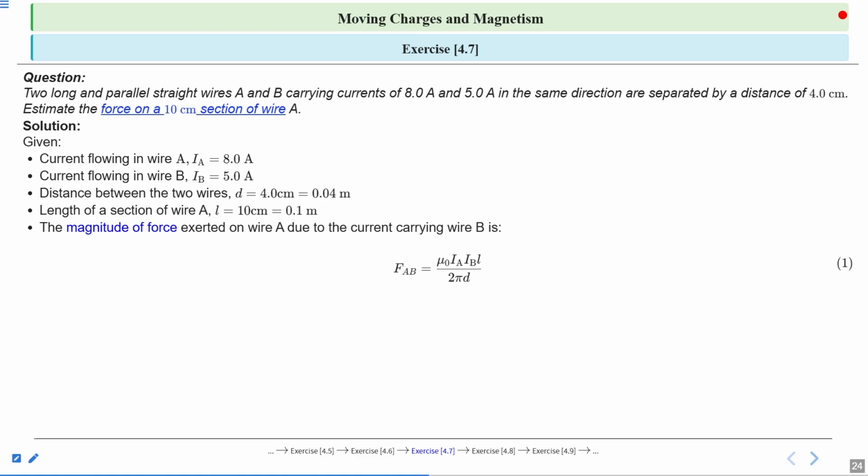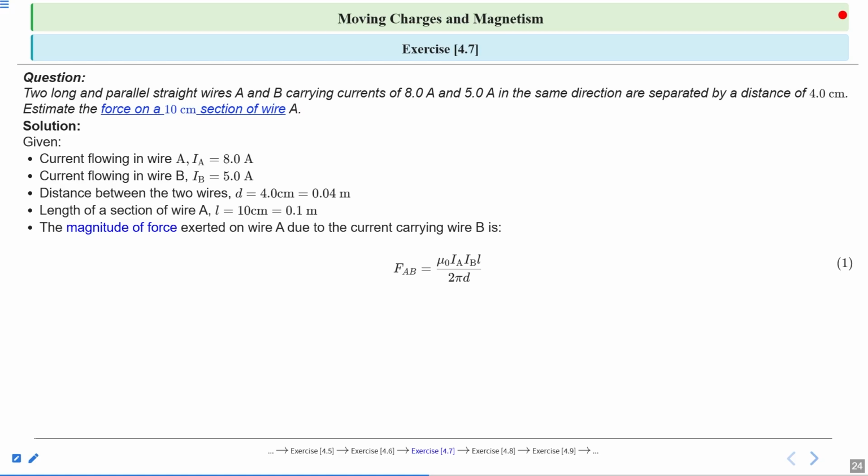When we are going to find the force per unit length, then we don't have to multiply it with L. Now we are considering a length other than unit length. What is unit length? 1 meter. But now we are considering 10 centimeter, so we have to multiply the force per unit length with L to calculate the force on the 10 centimeter section of wire.